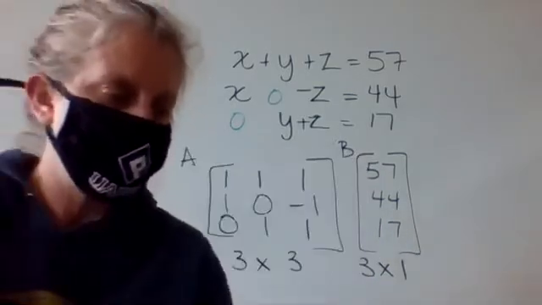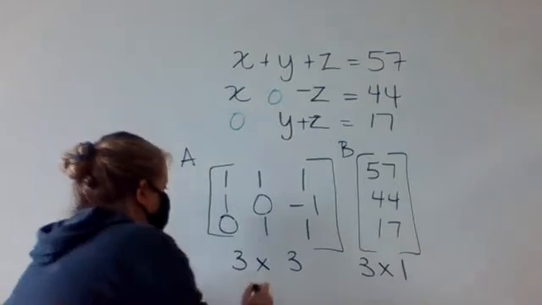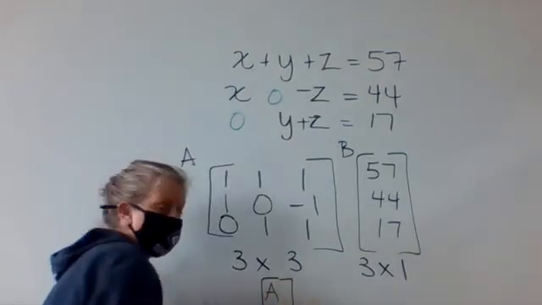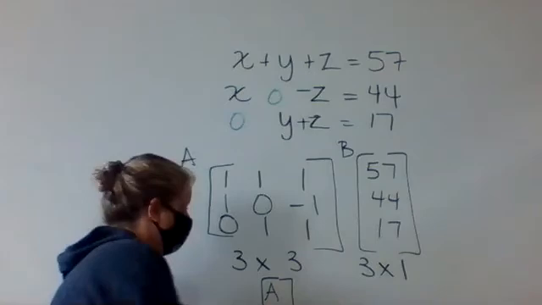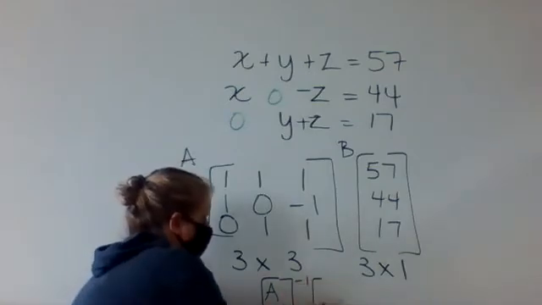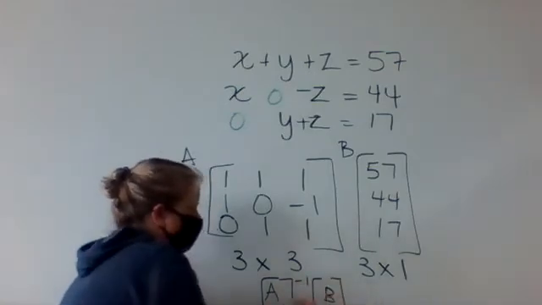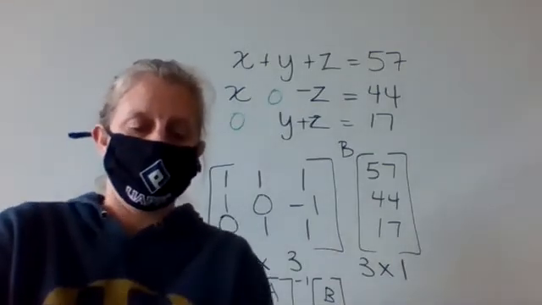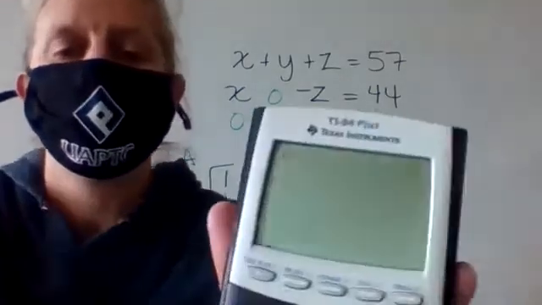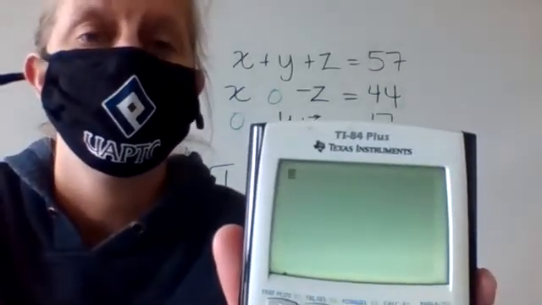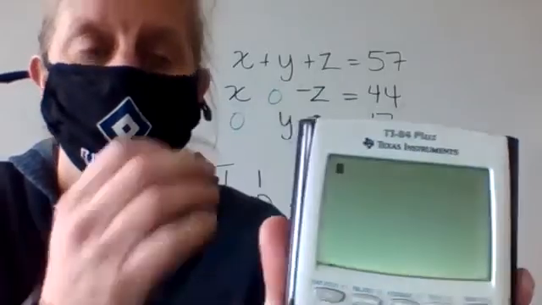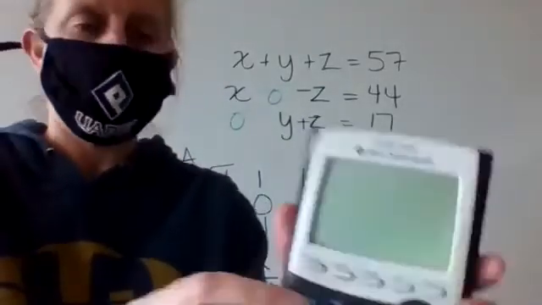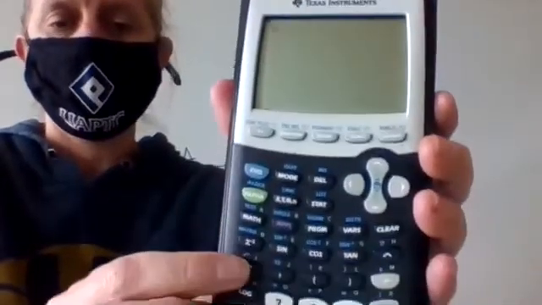Now, here's where we do the solving part. So remember, what you want to do on your home screen is tell it to do matrix A to the -1 and then matrix B. So to go to the home screen, you'll just hit the second button and quit. So let's see, I need to tell it matrix A. So second matrix.